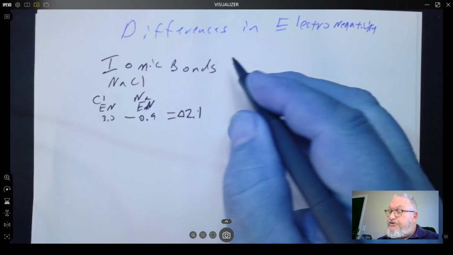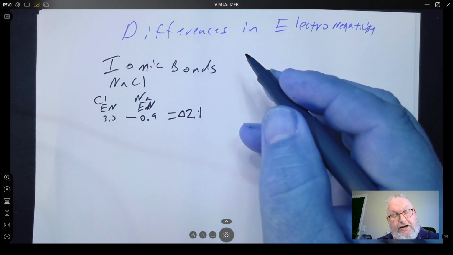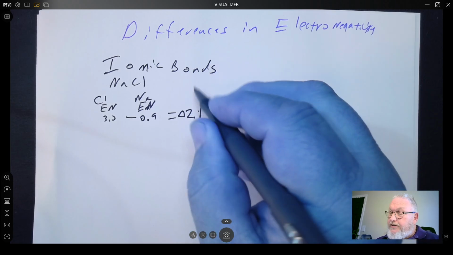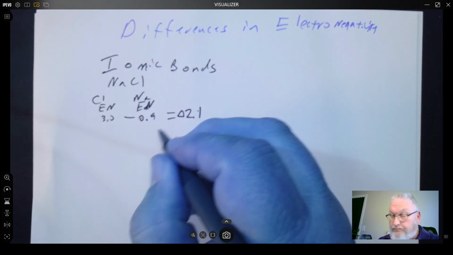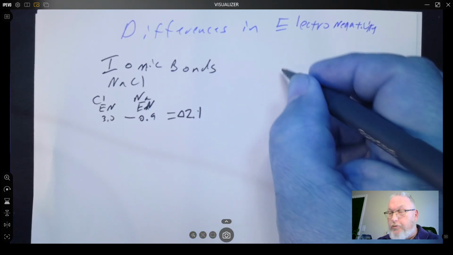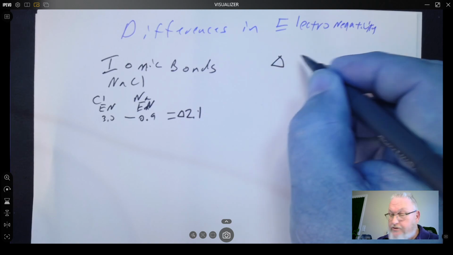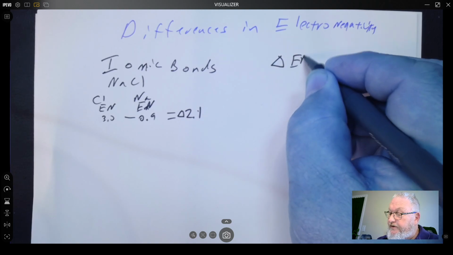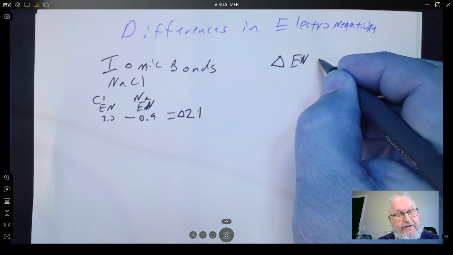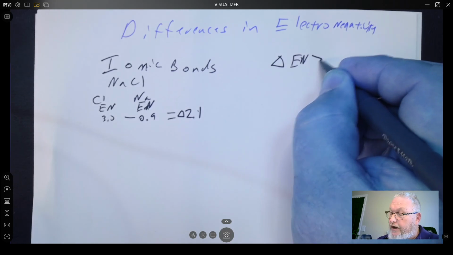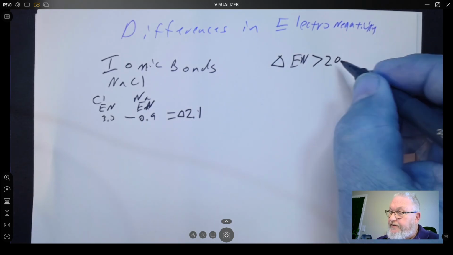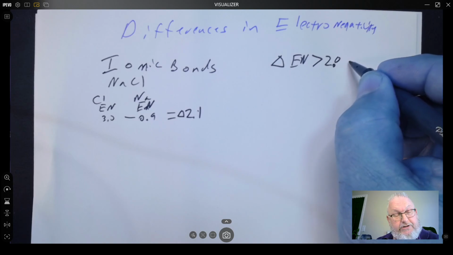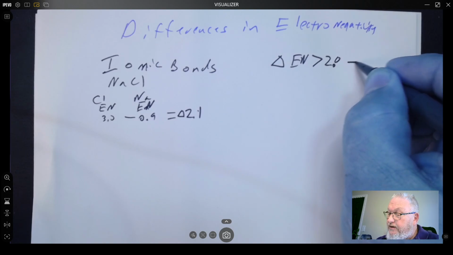So for ionic bonds, they're going to have a difference greater than 2. I'm going to write these little rules down. The difference of electronegativity is going to be greater than 2.0, then it's going to be ionic.